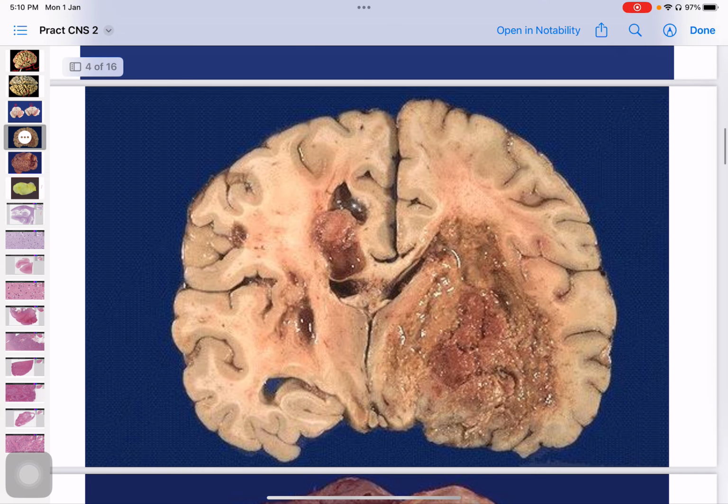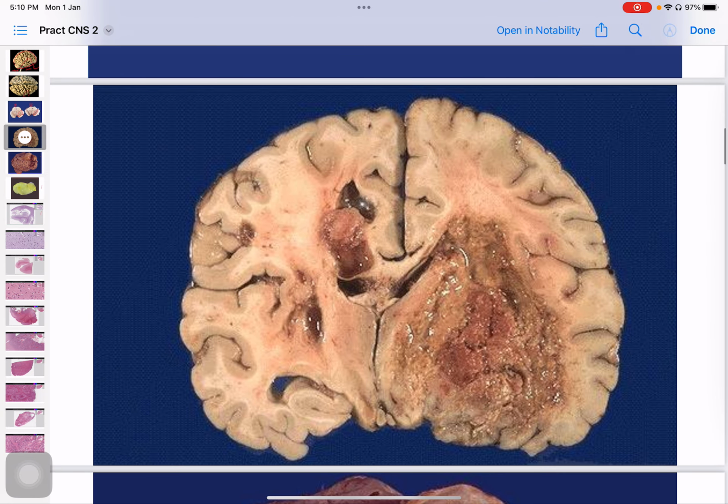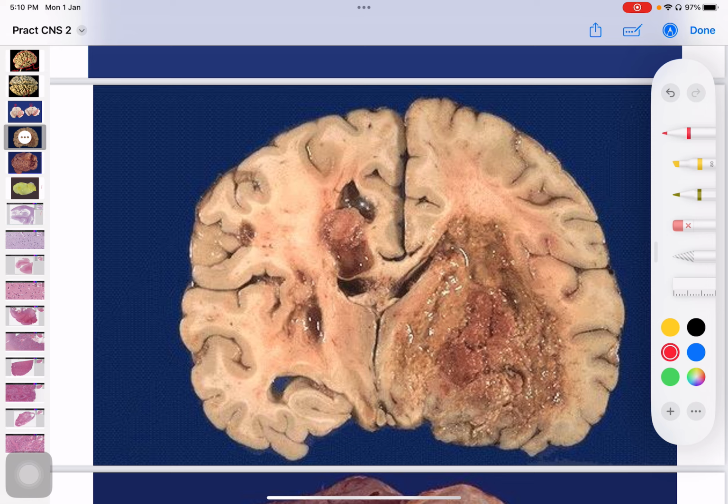Next, we are going to look into tumors of the brain. This is glioblastoma, the high-grade tumor of the brain. Okay, you can see there's a tumor there, right? Most evidently, because this is a high-grade tumor, similar to a malignant tumor, you can see that the margin is not well demarcated, okay?